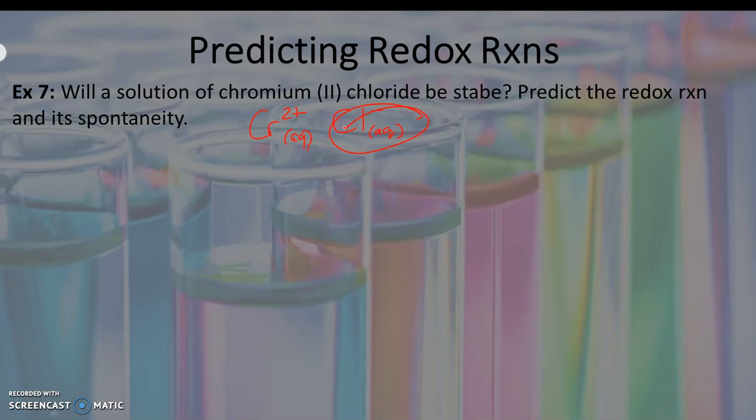I'm just looking at chromium. Cr2+ aqueous I found as an RA, so I also look for it as an OA, and it is actually below Cr2+ aqueous. So is this going to react? No reaction, therefore it would be stable.